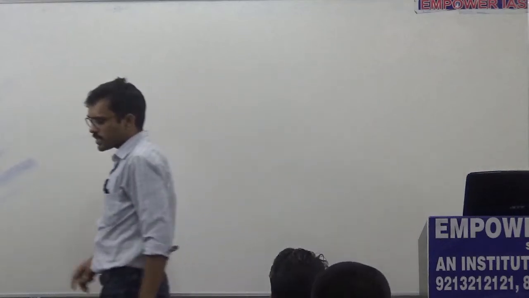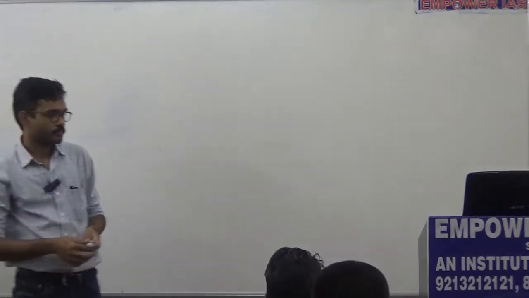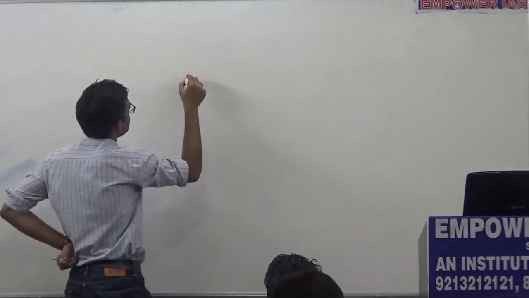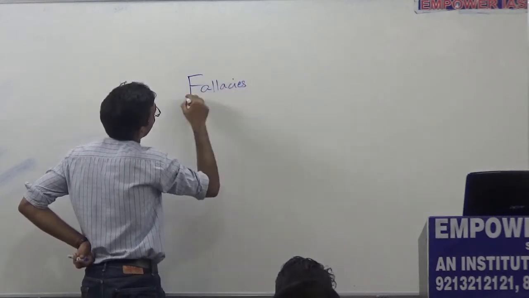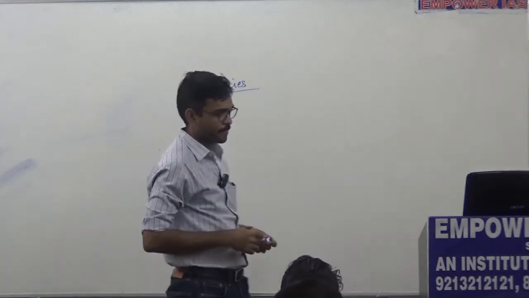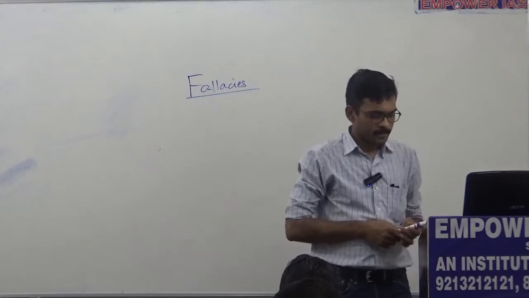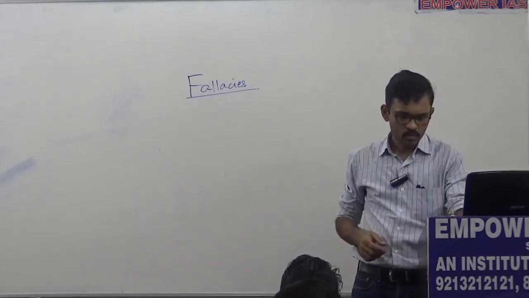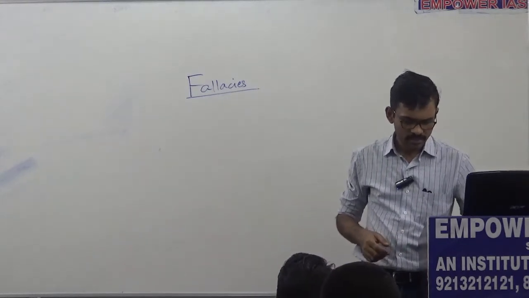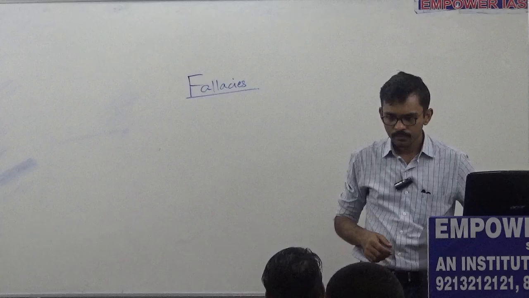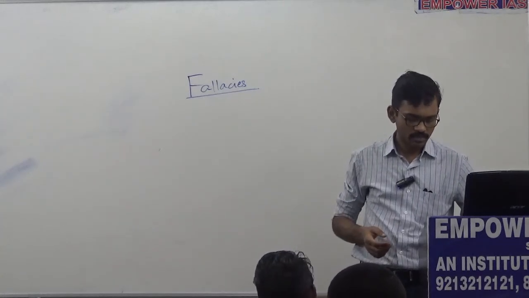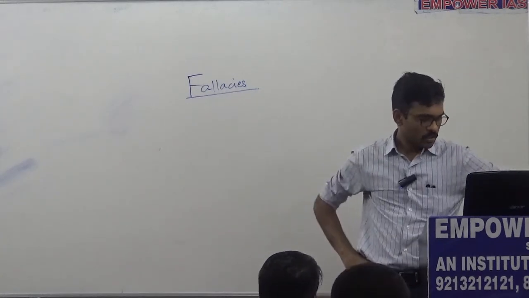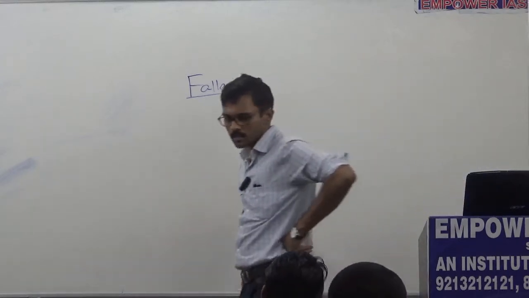Next, fallacies in ethical reasoning. So yesterday I told you the meaning of fallacy. What does a fallacy mean? Something which is not true, something which seems to be true but it is not.